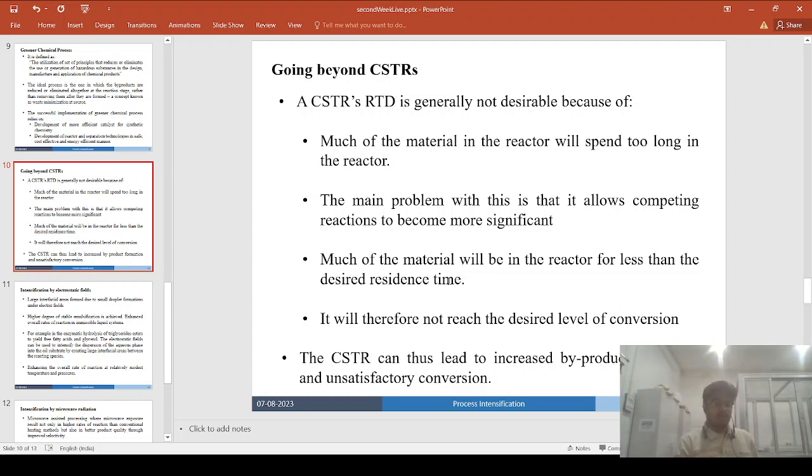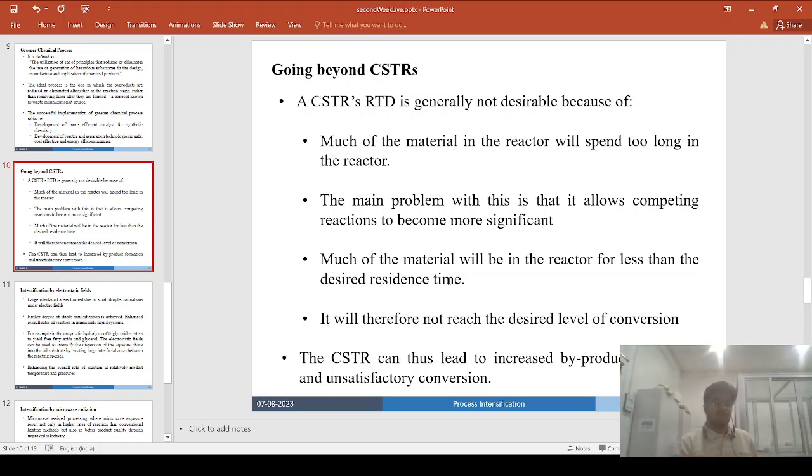Now on the flip side, in the CSTR's RTD you will also be able to observe the phenomenon of bypassing. What happens is, as soon as the tracer particle gets into the CSTR, instead of getting mixed, it quickly passes away. The fraction of tracer particles that quickly pass away are known as bypass tracer particles. The same happens for the species of interest, the chemical species which are going to undergo a chemical reaction, when they are not able to get well mixed with the system, so they get bypassed without even having a chance to react.